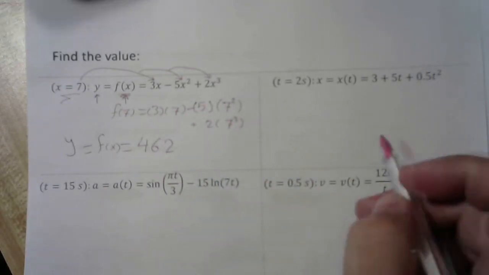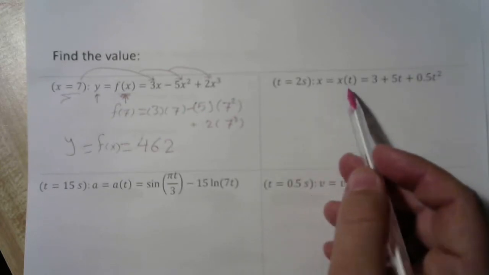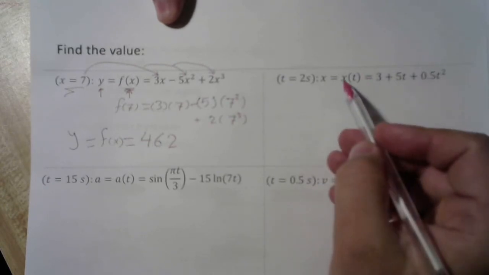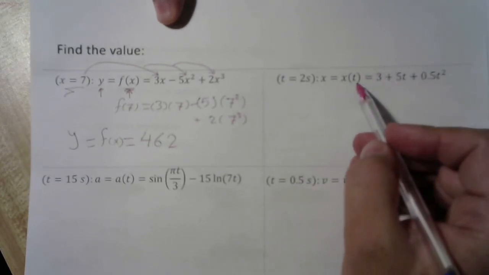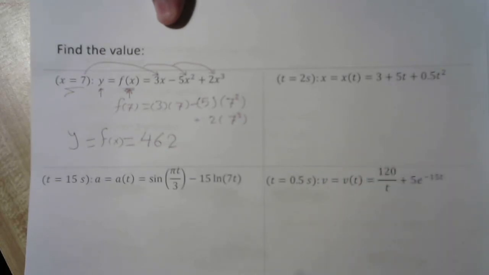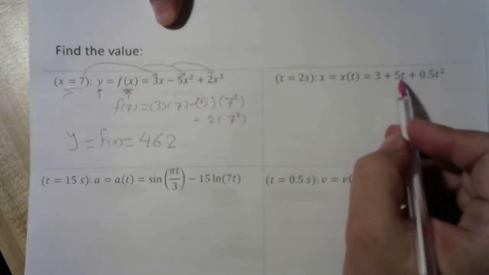Okay, what about this? This is x of t. It is another function. The name of the function is x, and the dependent variable is x, and the independent variable is t.